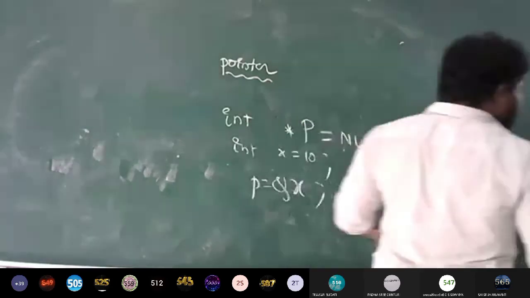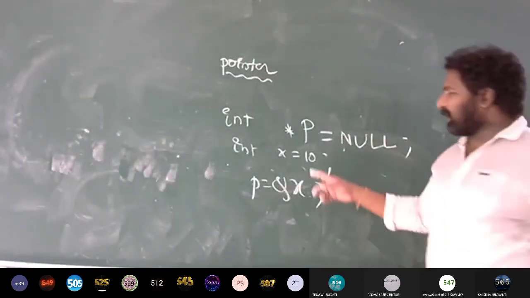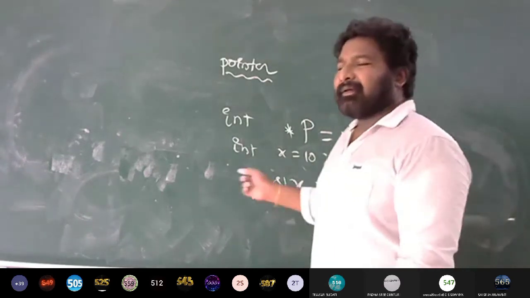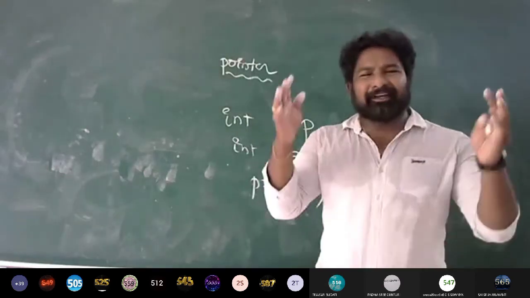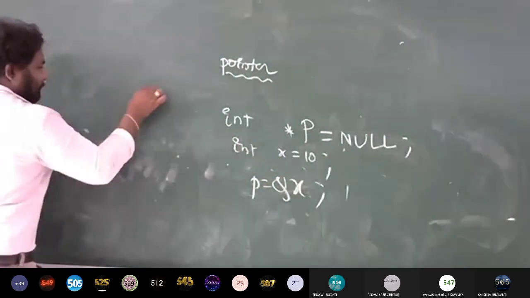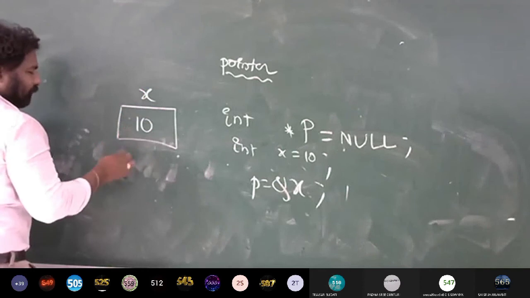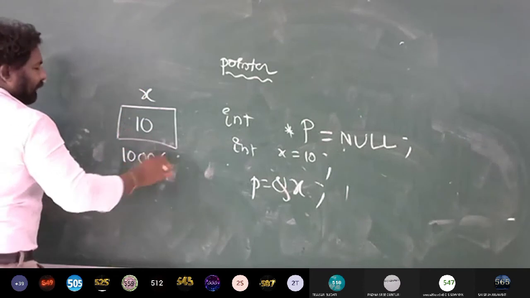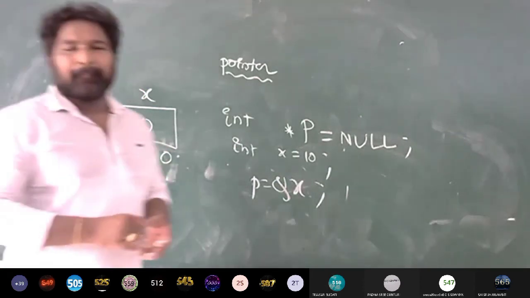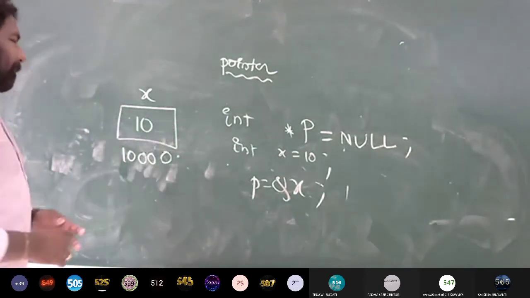Okay, what happens if I assign the address of X to P? You know this, right? With all the figures and all. X is created in the memory with a value 10 and it will have some address. I'm assuming it is 10,000.